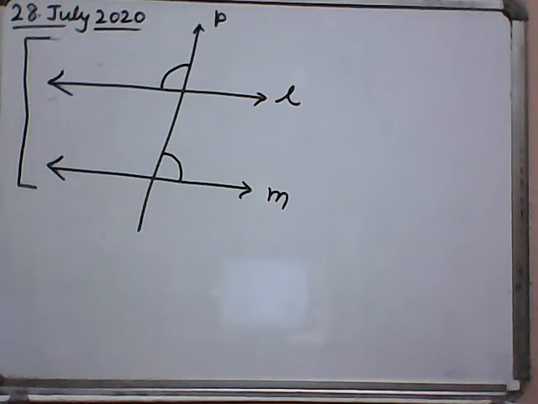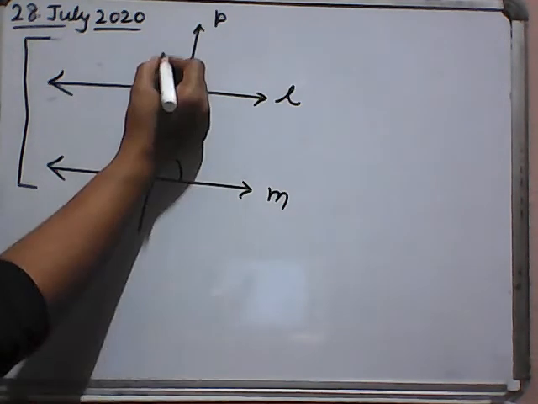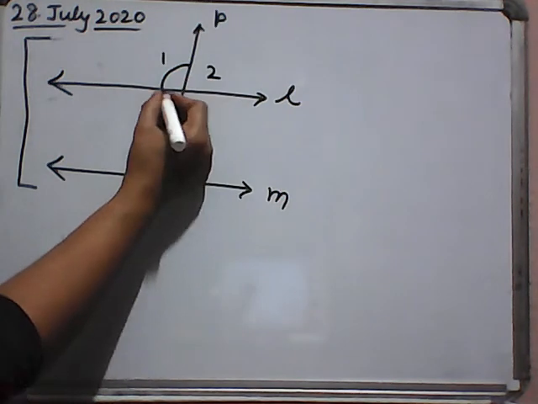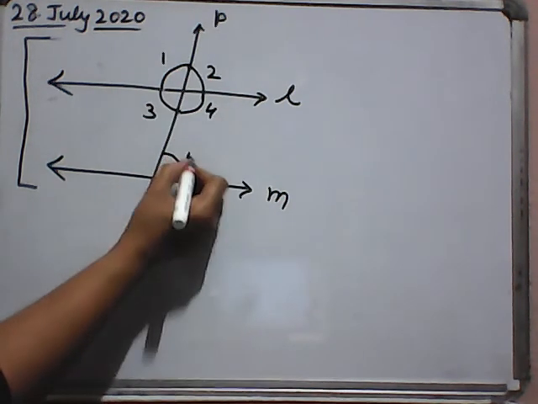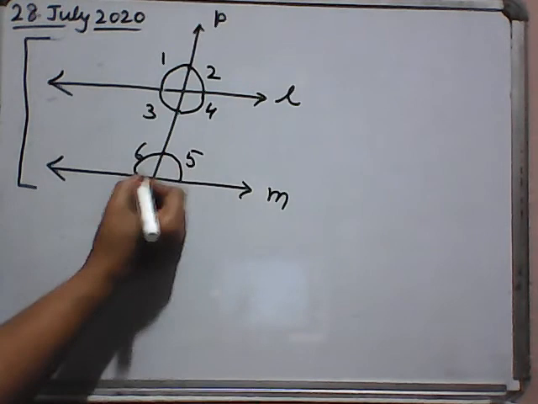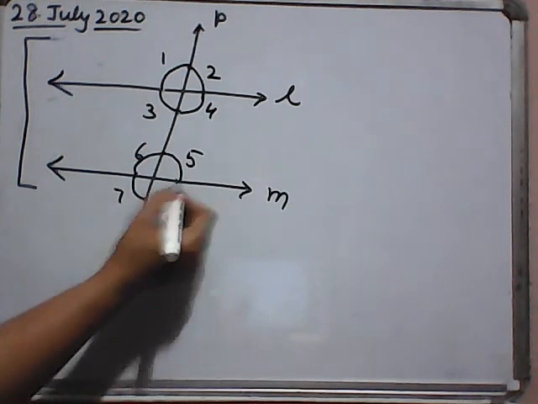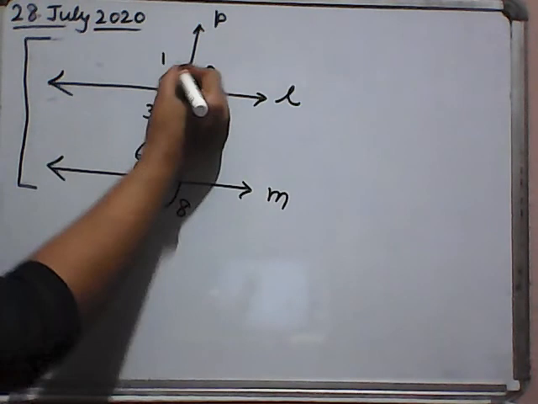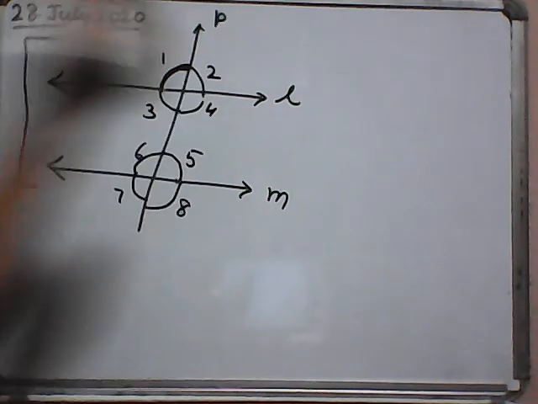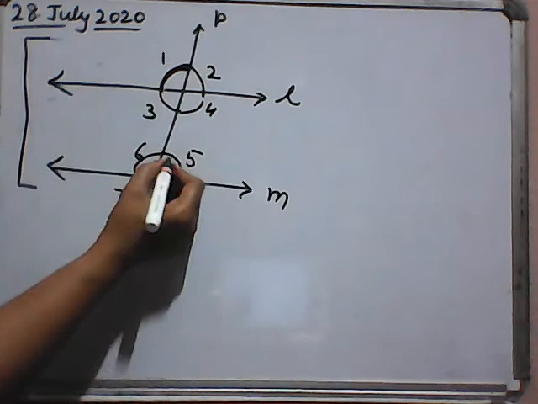Now, alternate interior angles are on the opposite side of the transversal. Suppose it is angle 1, angle 2, angle 3, angle 4, 5, 6, 7 and 8. Now angle 1 is made on this side.